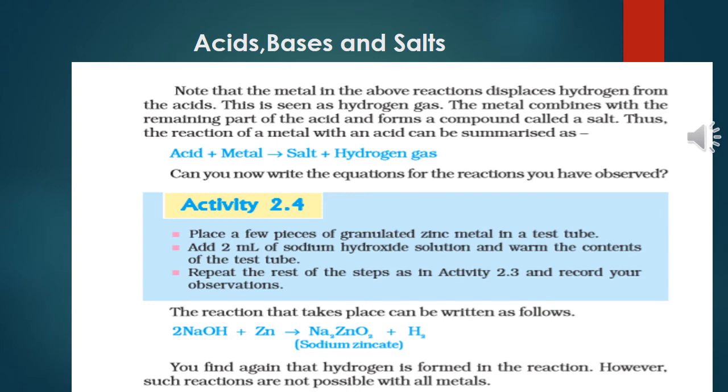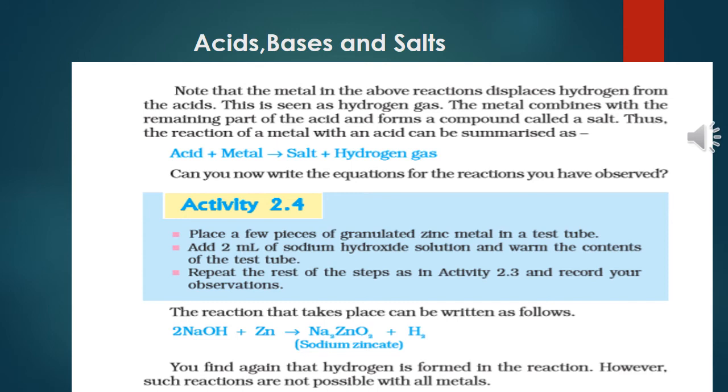So what happened? Zinc actually displaces hydrogen from the H2SO4 and forms salt, and hydrogen is separated, and since hydrogen is diatomic, it goes to the atmosphere. So we understood that here, along with hydrogen gas, another substance formed, which is a salt.